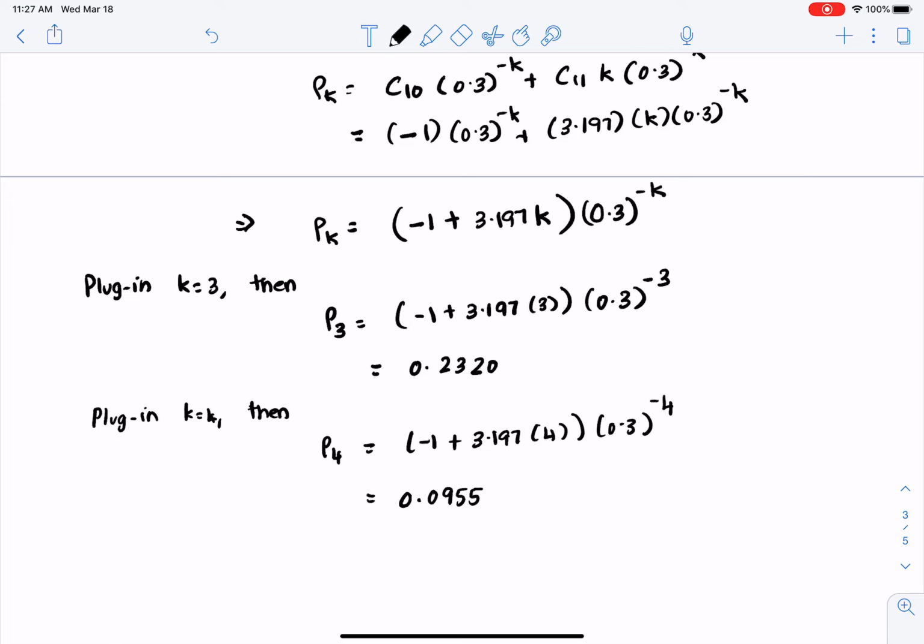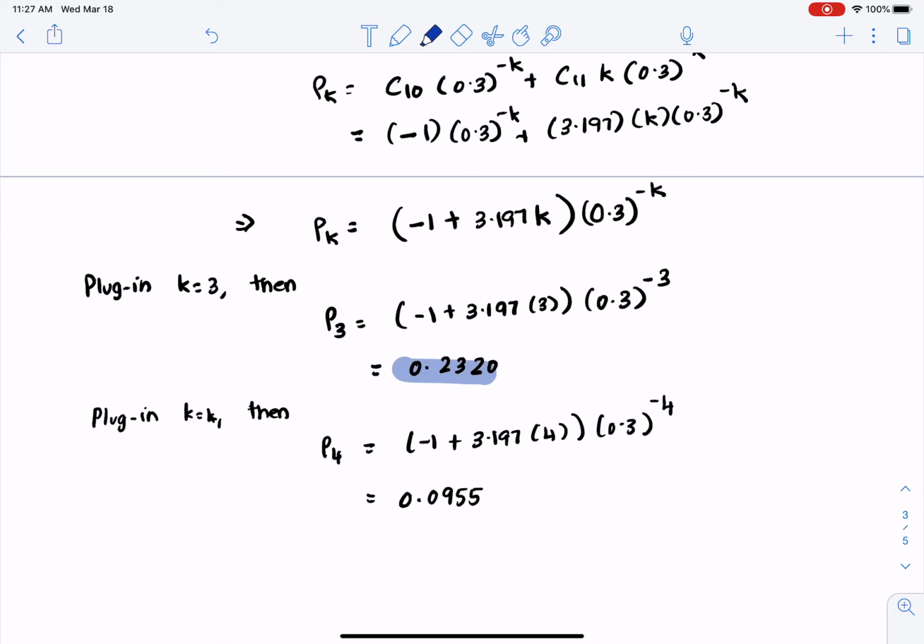So how do we find row 3 and row 4 for an AR2 model? Well, first we find the general expression. Once we find the general solution, we can plug in the values of k equals 3 and 4 to find row 3 and row 4. As you can see, as the value of k increases, the autocorrelation that we observe would decrease.